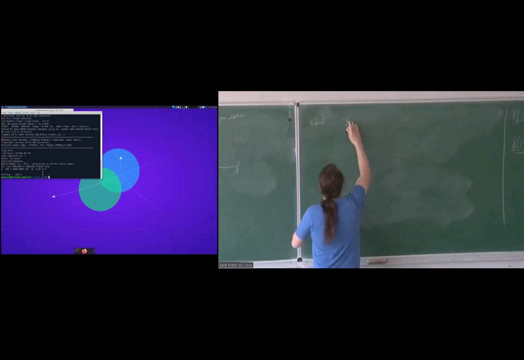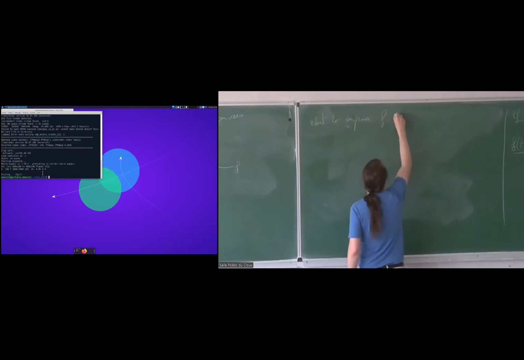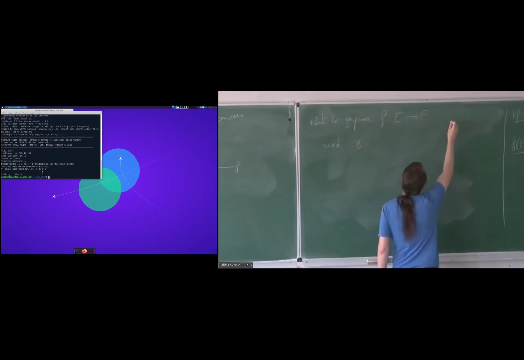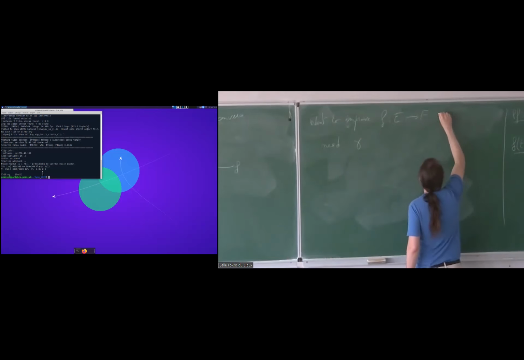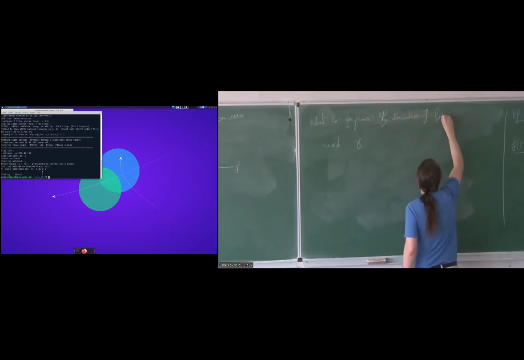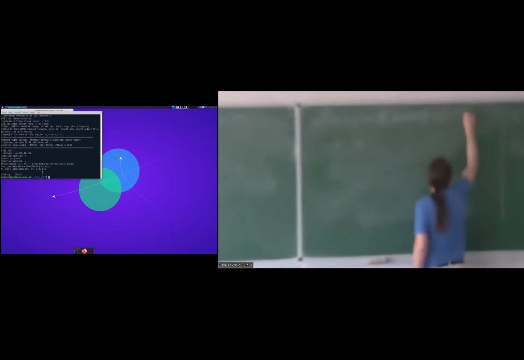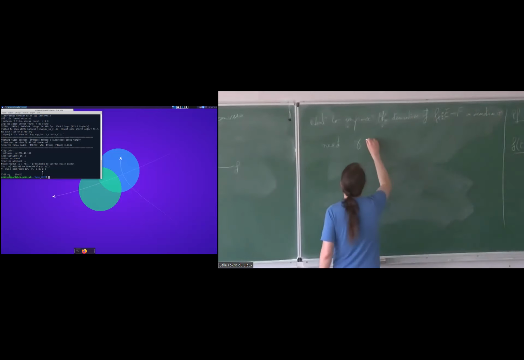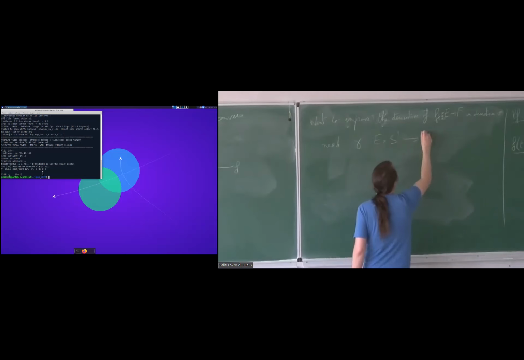So from your starting point, if you want to improve a map which is defined on a vector space E with value in a vector space F, you want to improve the derivative of F, which goes from E to F, in direction V, some vector V. You need a family of loops which is parameterized by E with value in F.